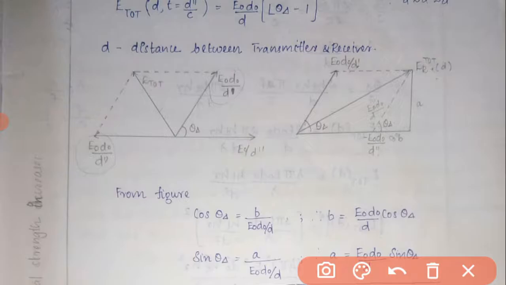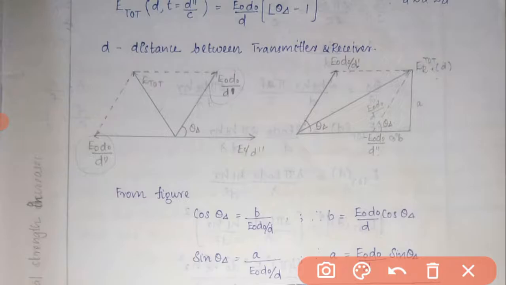ER total of D, the whole square, is equal to this A square plus this square. This distance is minus E naught D naught by D double dash plus B the whole square, that is the ER total of D distance. So here we have to find the values for A and B.